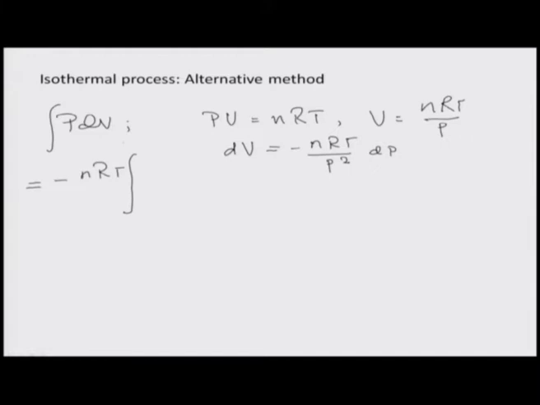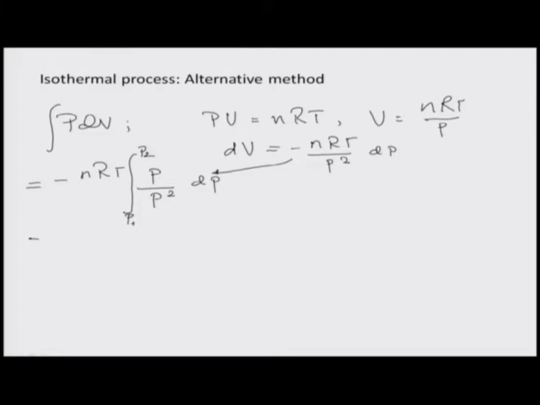Now the integral is not over dV, I want to write it in terms of dP. So I will have P down by a factor of P squared, which I get from here, and then dP. I have changed the integration from dV to dP, and it goes from P1 to P2. So there is a minus sign altogether.